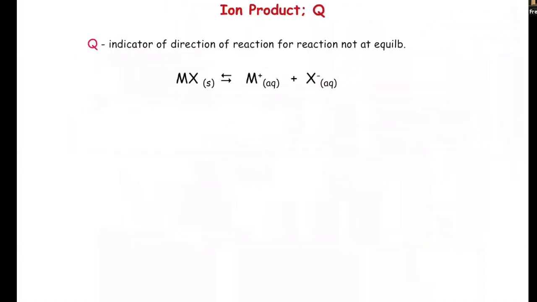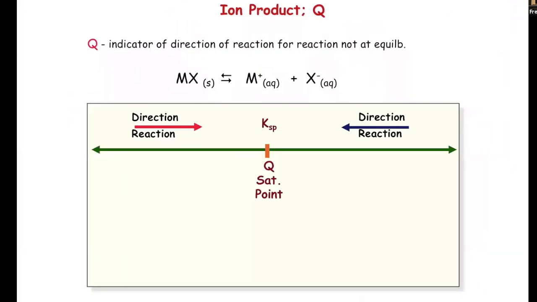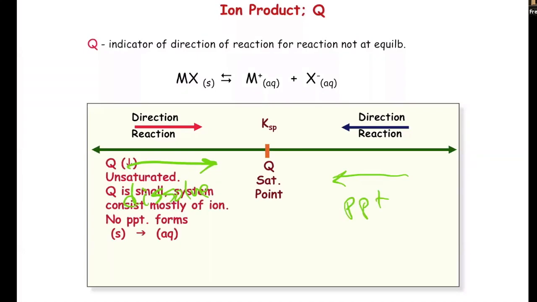Anyway, let's take a look at this right here. Again, this is what I just showed you. It's an indicator of whether it dissolves this way, in other words, it's soluble, or it forms a precipitate this way, in other words, it's insoluble. Clear?